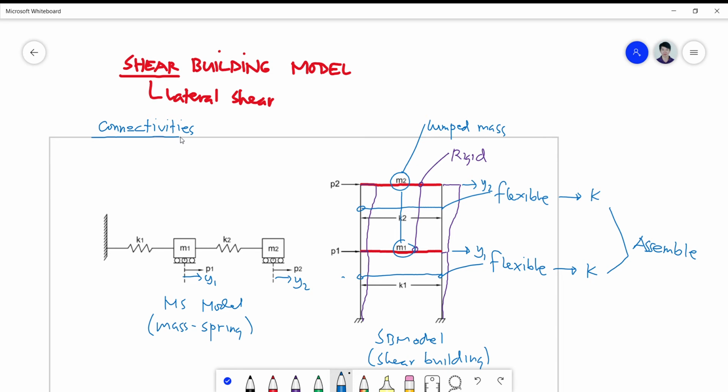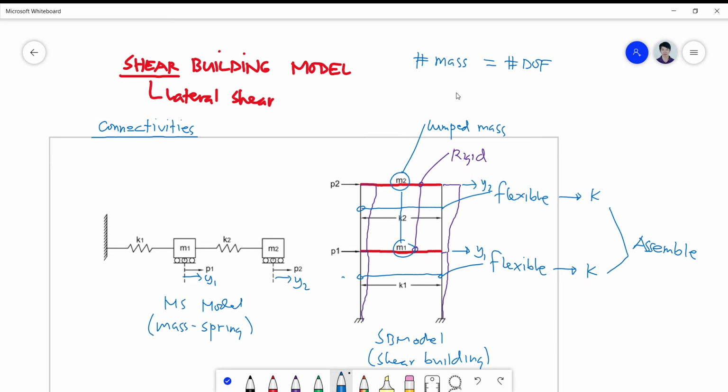Connectivities have something to do with how the masses are connected, because these masses dictate the number of degrees of freedom, which is normally equal to the number of masses for a shear building model.